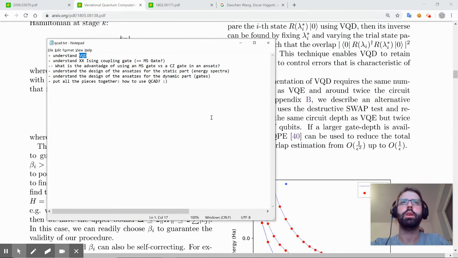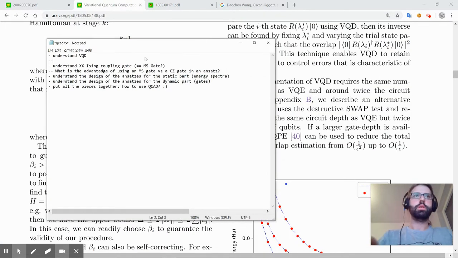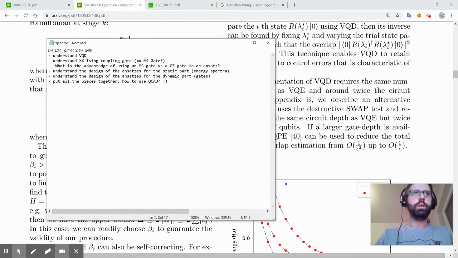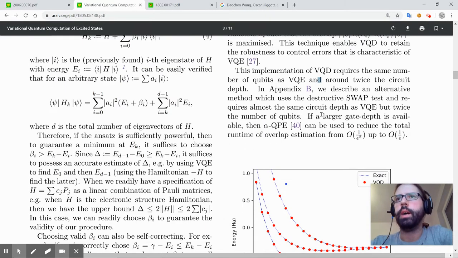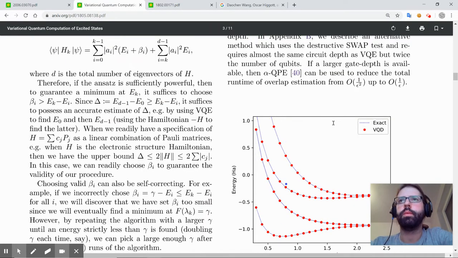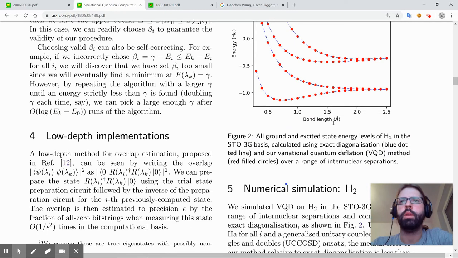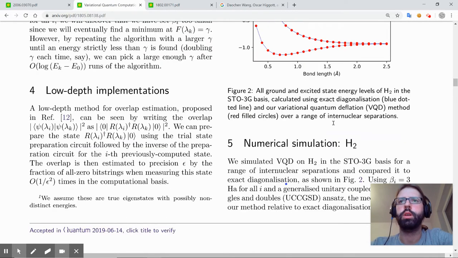So let's see. Alpha QP and alpha VQE. Interesting. For runtime, numerical simulation.